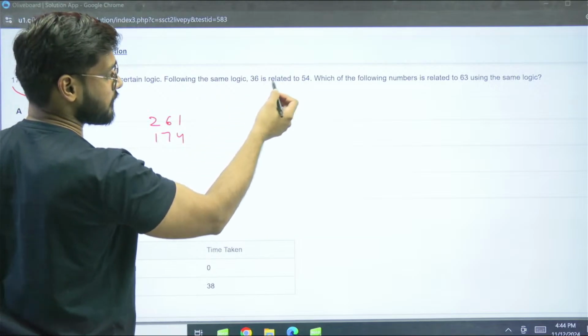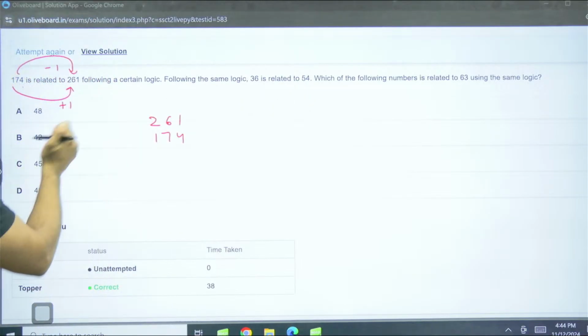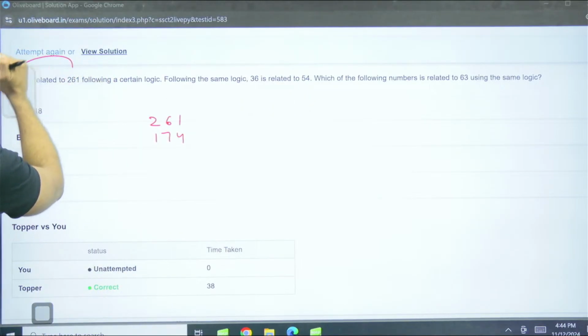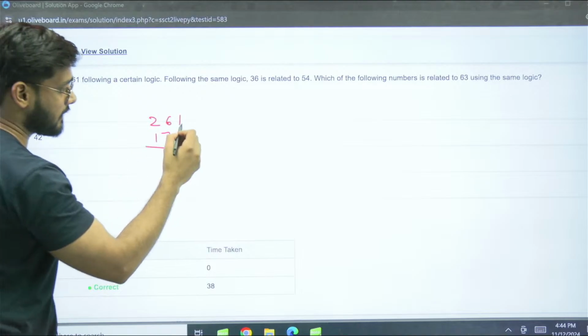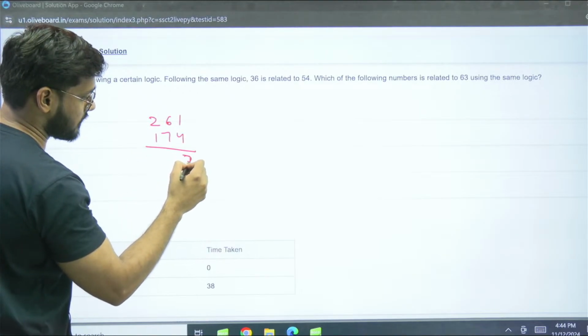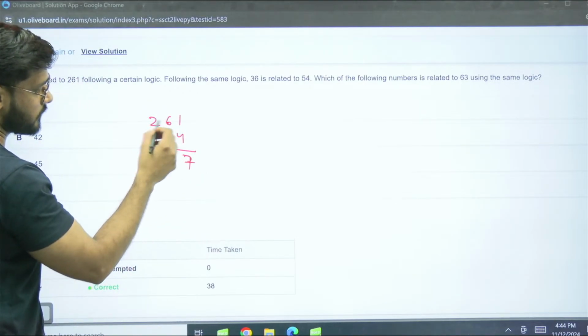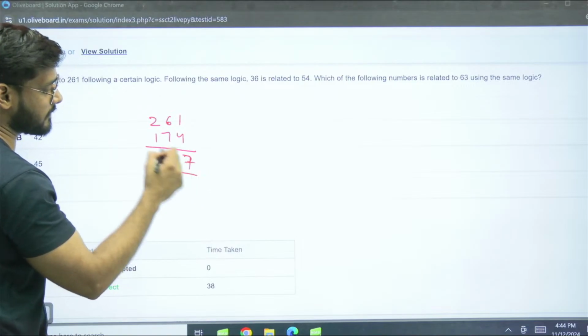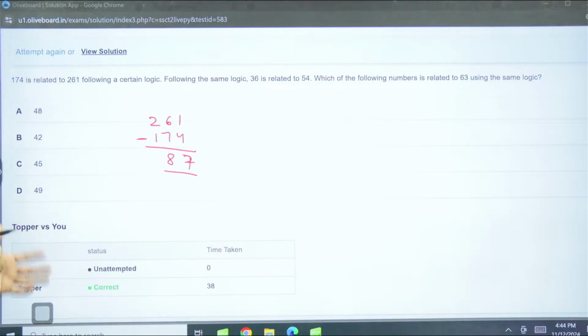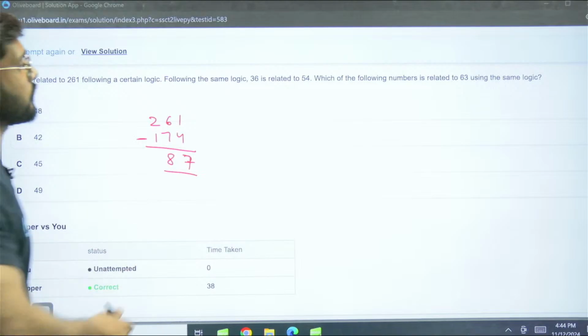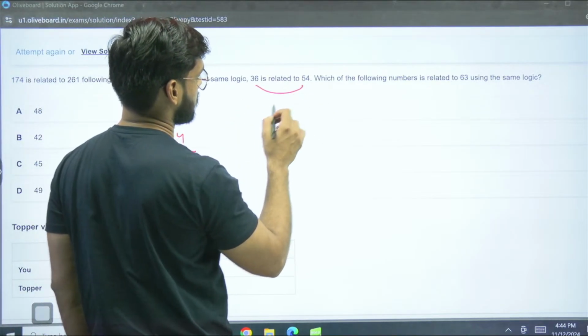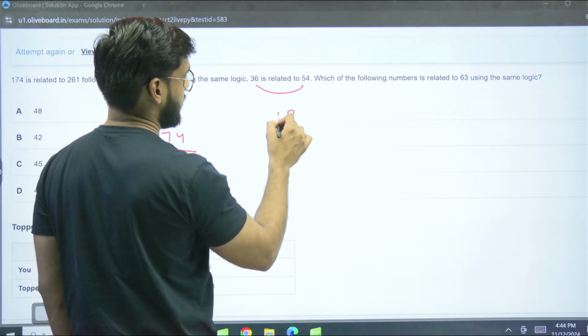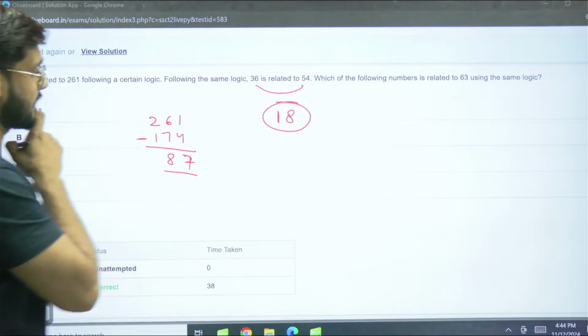Similarly, 36 and 54 are not following the same logic, right? So let's see another one. The difference is 11 minus 4, 7. 25 minus 17, 8. 87 is the difference, right? What is the difference between 36 and 54? 18. 18 is the difference.